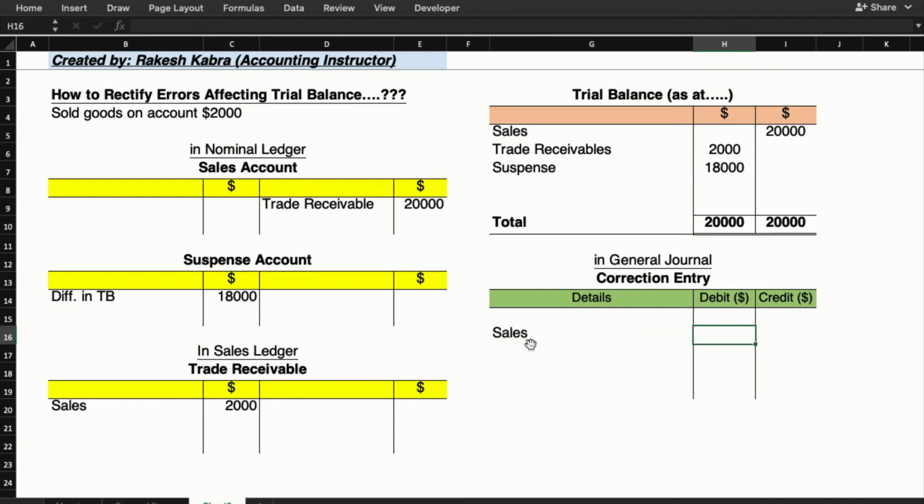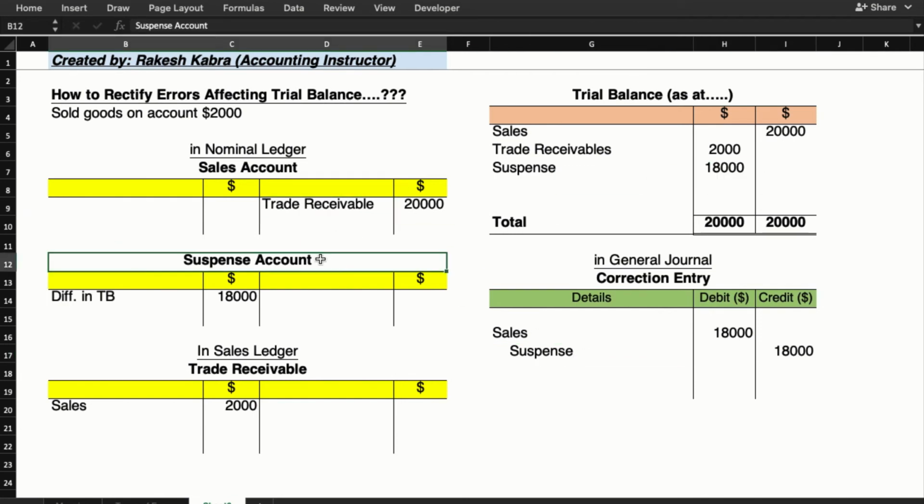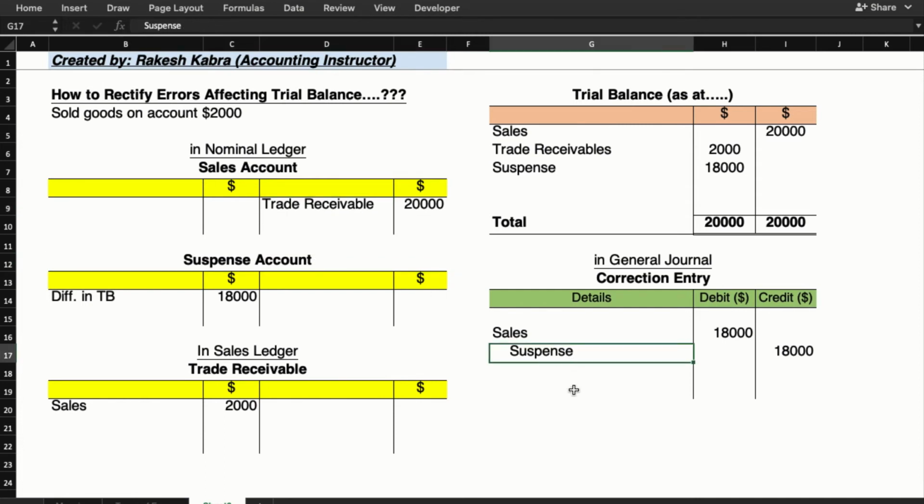So the sales account I will debit with $18,000. And to complete the entry, I will consider the suspense account, $18,000. Why suspense account? Because due to this error, the suspense account appeared in the ledger. Now, in order to rectify this error, I have to consider the suspense account. So this is the correction entry.